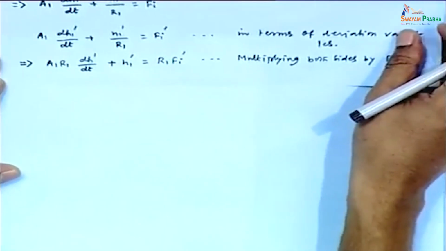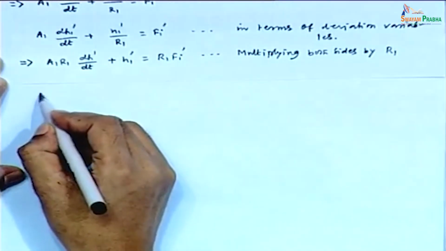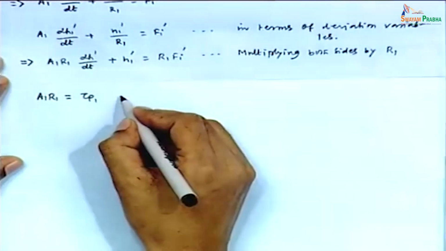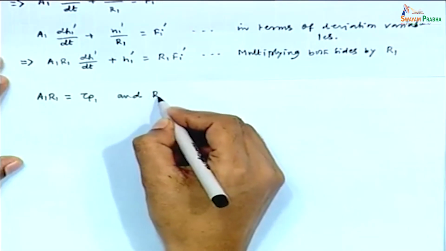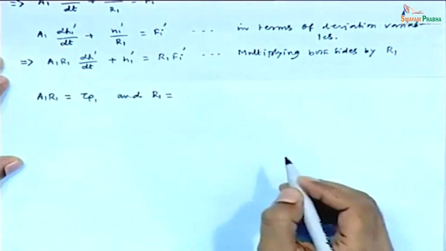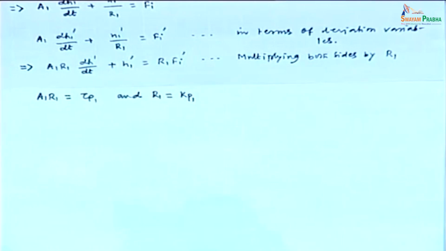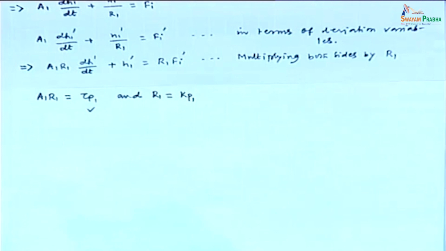Now, we will assume that A1 R1 equals tau P1, which is the time constant for the first tank, and R1 equals Kp1, the gain of the first tank.